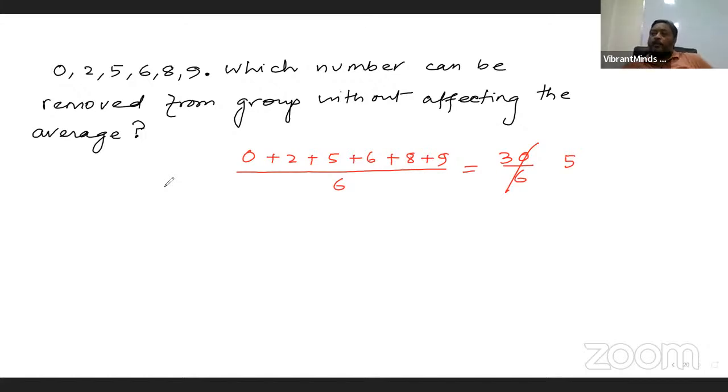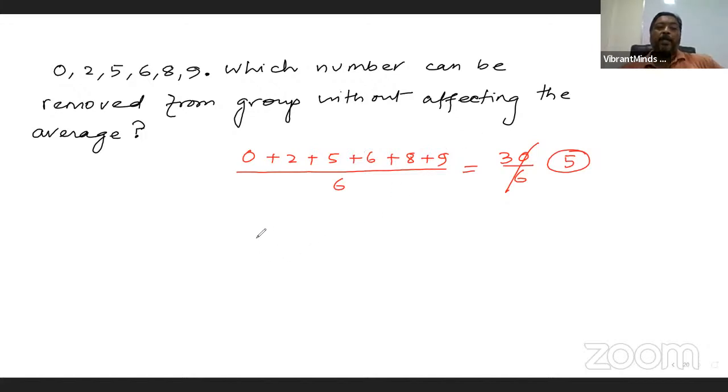Now please see, when we have an average of 5, and a number x is added to it or removed from it, it may not affect the average.